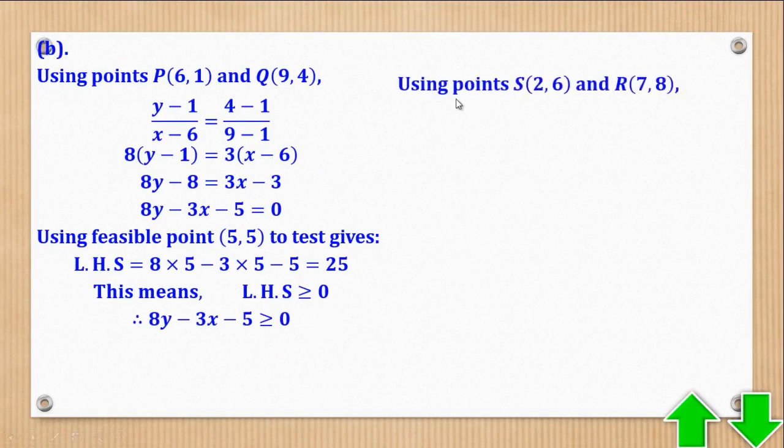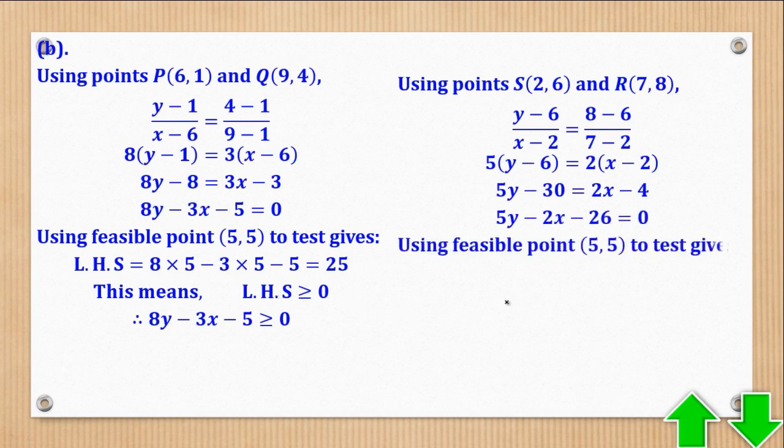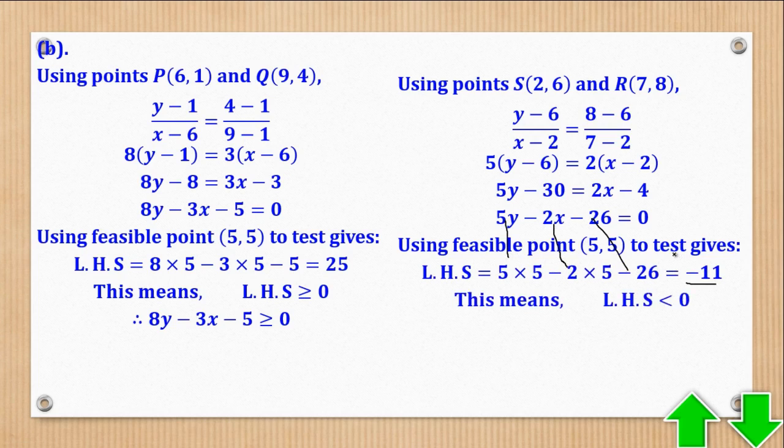Then using points S and R, still equate gradients, cross multiply, open brackets, and take everything to one side. Then you test still using (5, 5): 5y, 5x, and minus 26 will give you negative 11. Now negative 11 is smaller than 0, so the inequality will be less than.